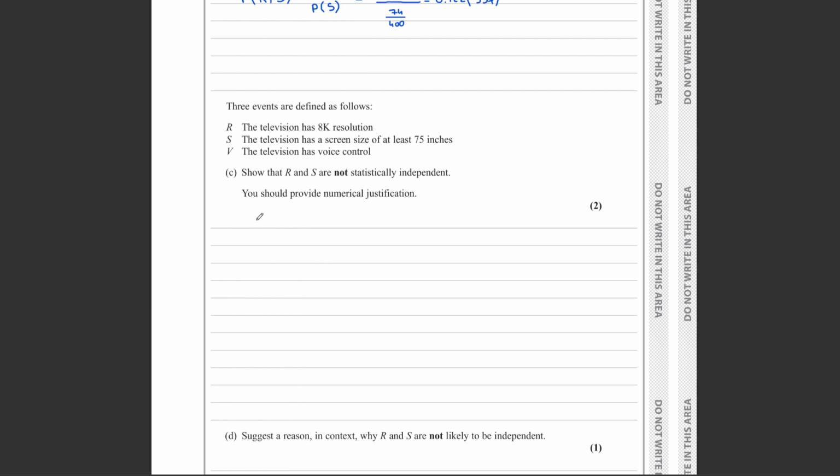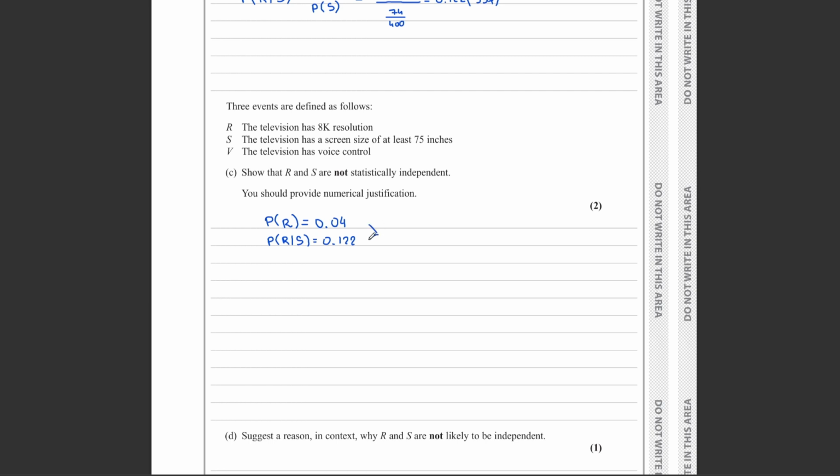To check independency in question C, we can find the probability of R, 0.04, and also the probability of R given S, which is 0.122.